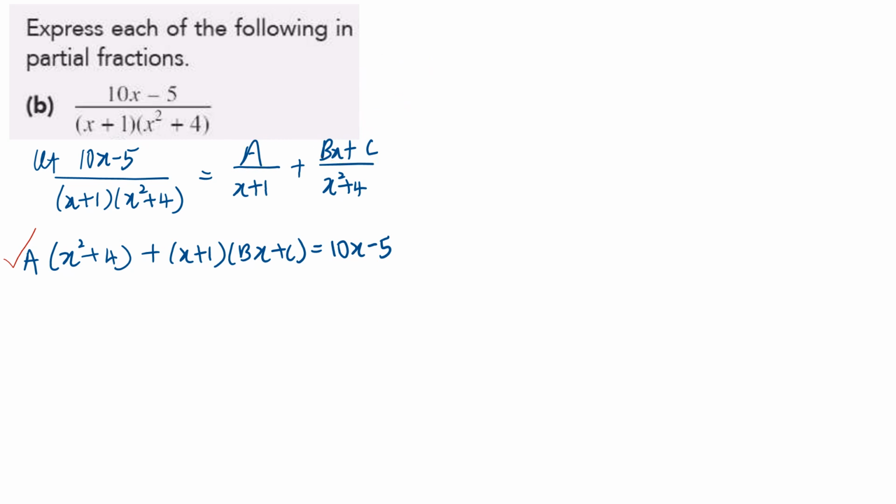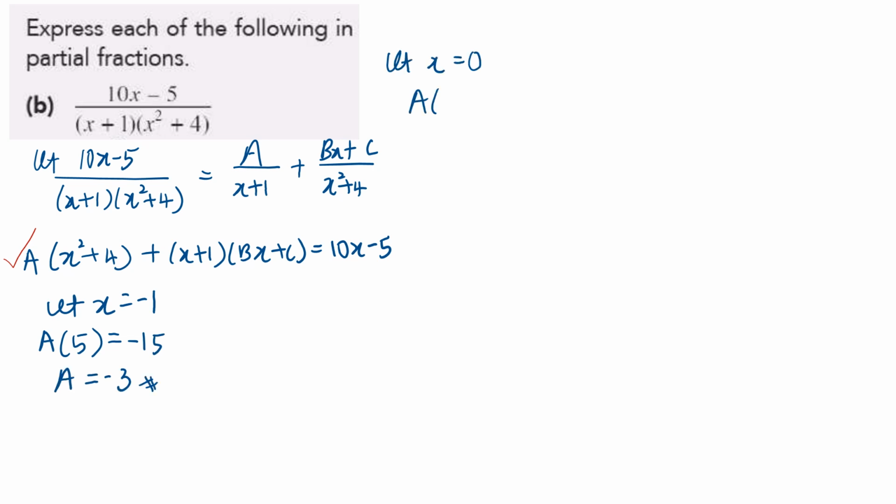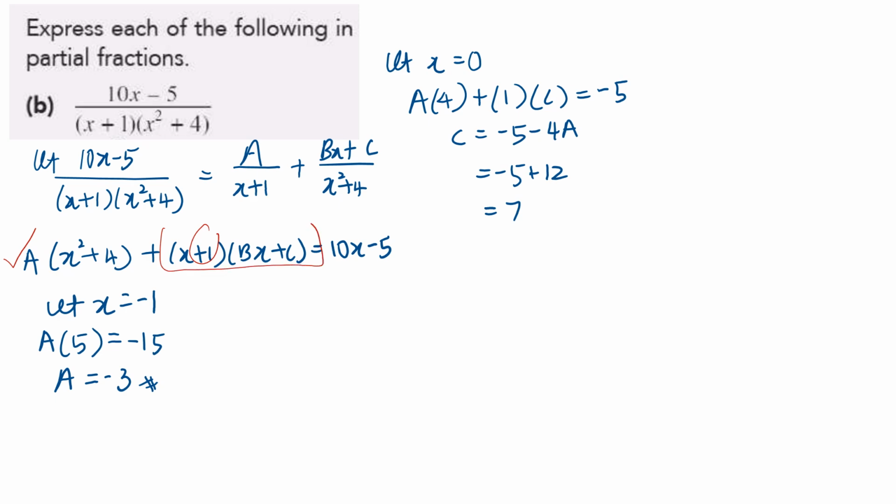And of course, then we're going to use the substitution method. There are three unknowns there, a, b, and c, right? So we can let x be -1 to eliminate our b and c, because when x is -1, this will be 0, so this whole chunk of thing will be gone. So we can find the value of a to be -3.